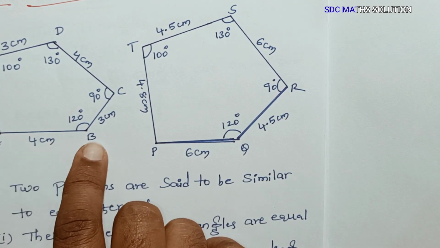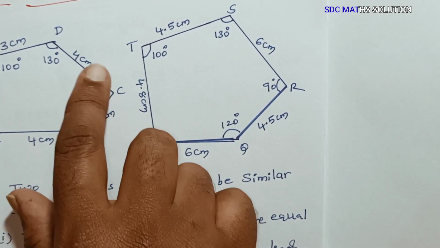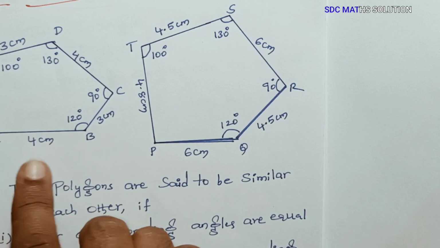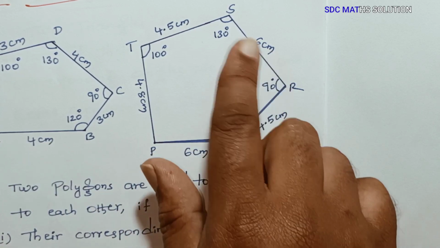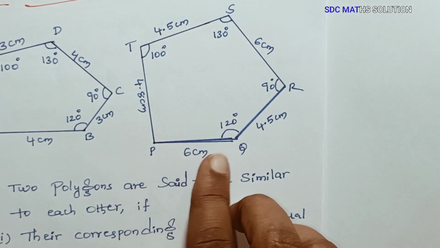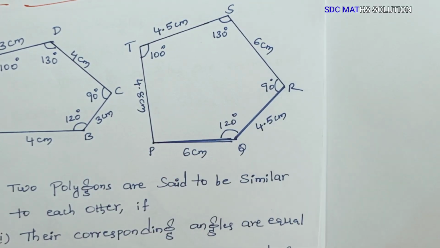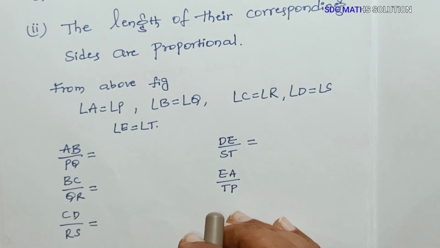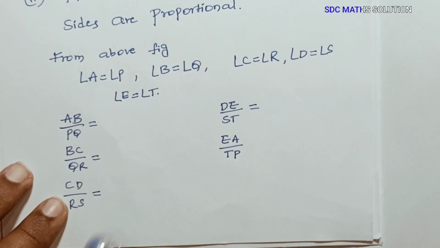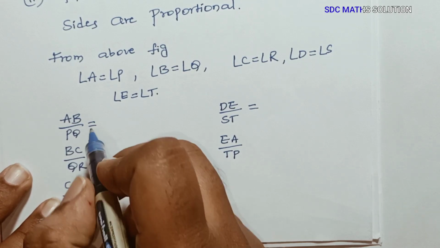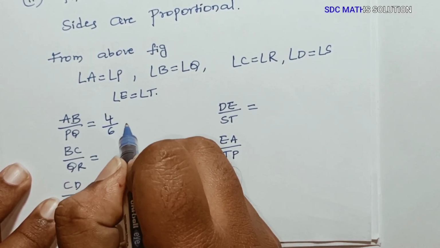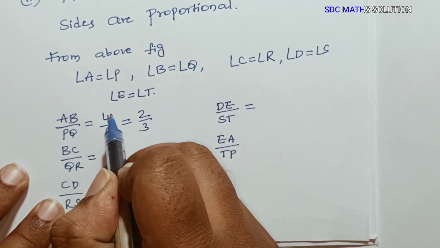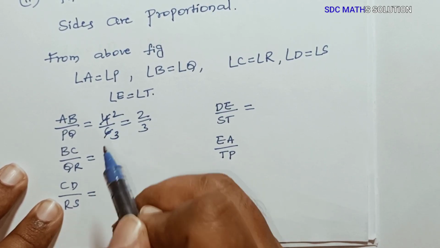Here the length of AB in polygon ABCDE equals 4 centimeters. In polygon PQRST, the length of PQ equals 6 centimeters. Now AB by PQ is equal to 4 by 6, that is equal to 2 by 3. 2 2s are 4, 2 3s are 6.